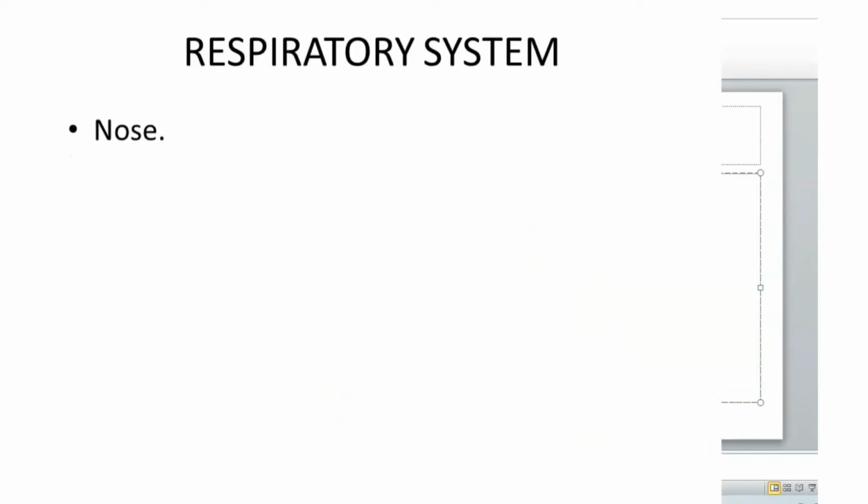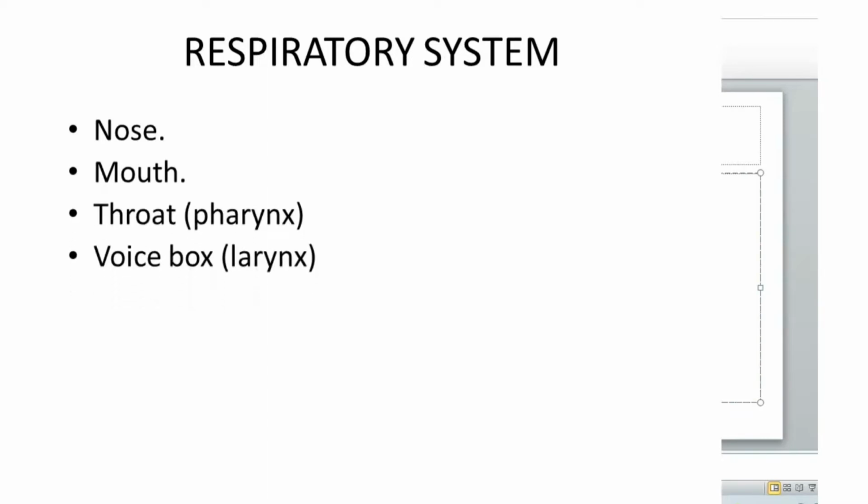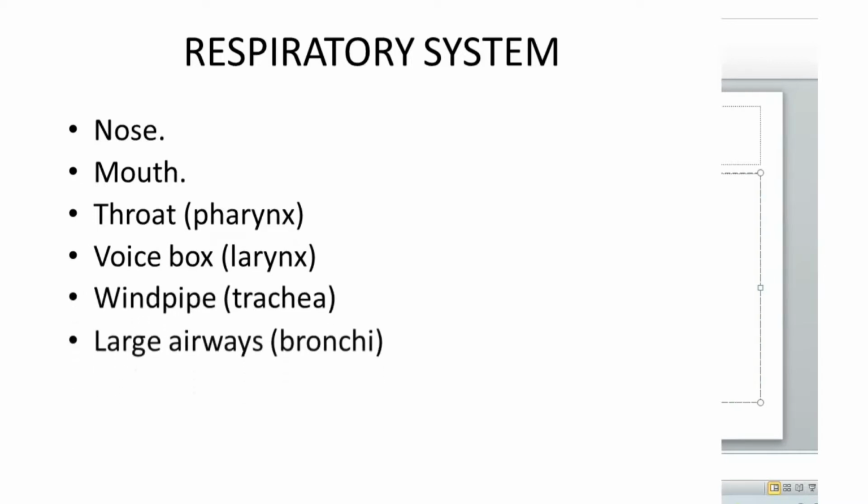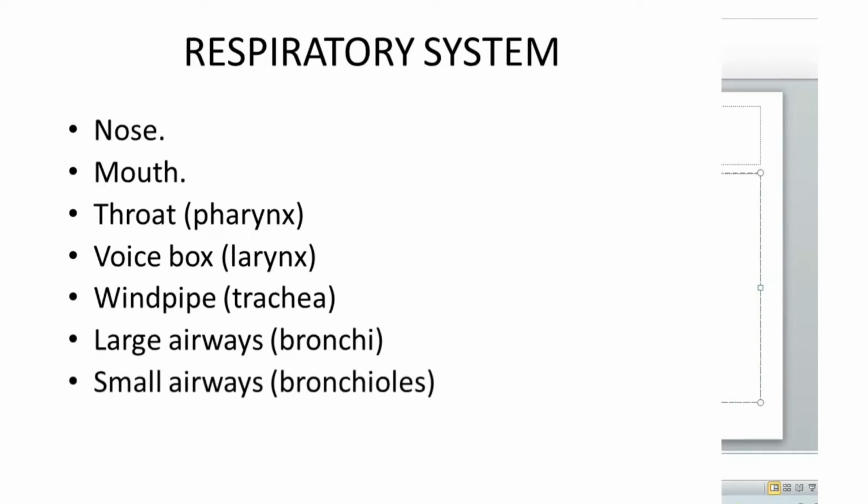The respiratory system is composed of the nose, mouth, throat, the voice box (larynx), the windpipe (trachea), the large airways and the small airways. These are very important, because once these airways are constricted, that is what usually blocks air from coming in, in people suffering from an asthmatic attack.